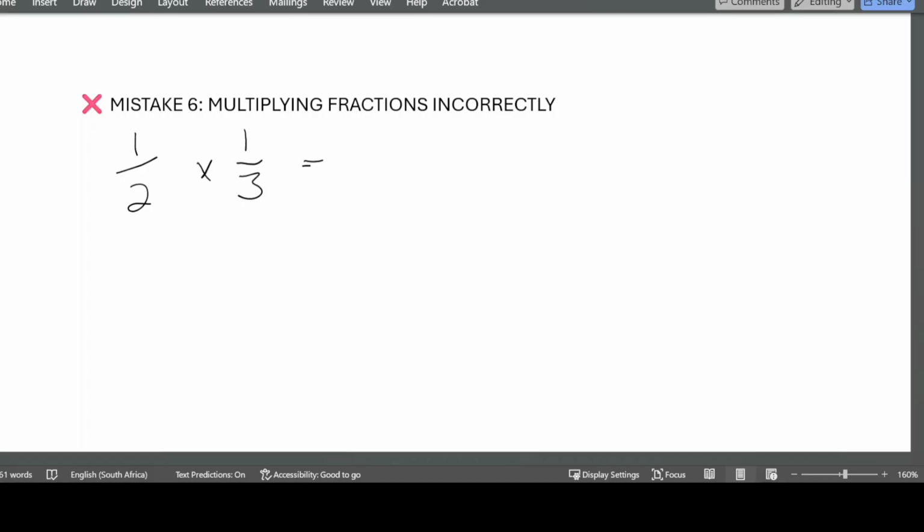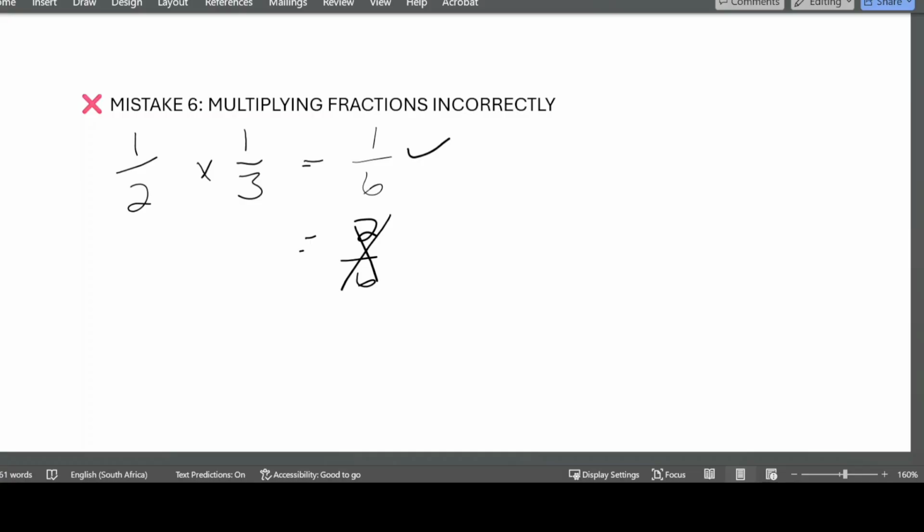So 1/2 times 1/3 is 1 over 6, not 2 over 6. This is right. So when multiplying fractions, always multiply the top with the top and the bottom with the bottom.